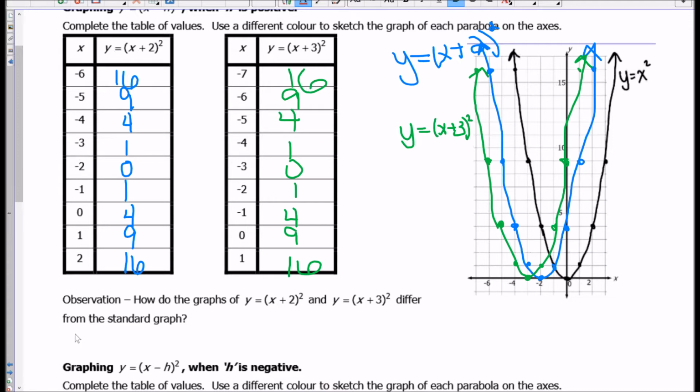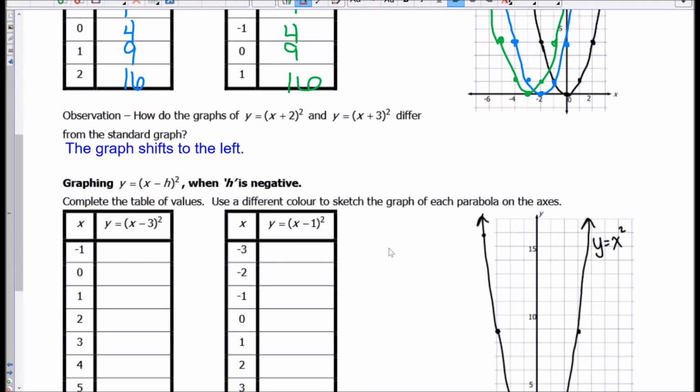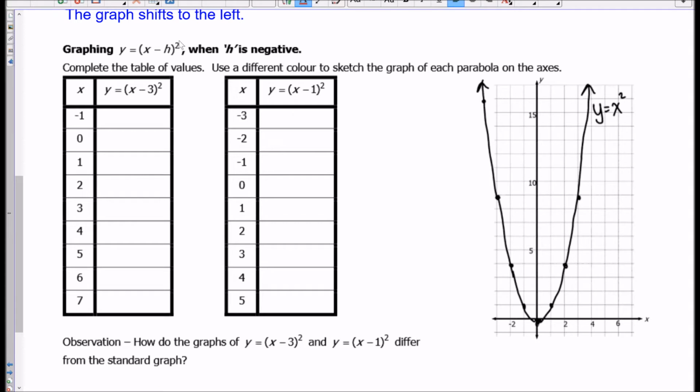It's the opposite direction when we're doing our horizontal shifts. Okay, so we would say here that the graph shifts to the left. Okay, all right, so what I would like for you to do, please, is complete the bottom half of this page right here and fill in your observation and then come back to me to see how you did.